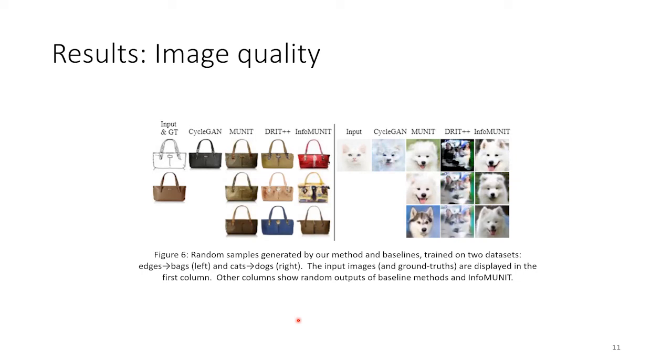So in this figure, we can see that the quality of images generated by InfoMUNIT is at least as good as the images generated by other methods. Especially if you look at the example on the right, GAN and RITS did not do the job very well for translating cats to dogs, but here MUNIT and InfoMUNIT did the job pretty well.